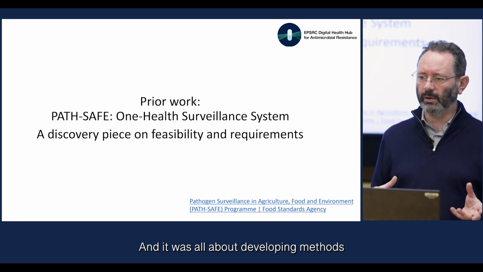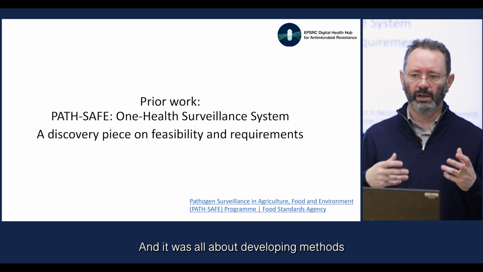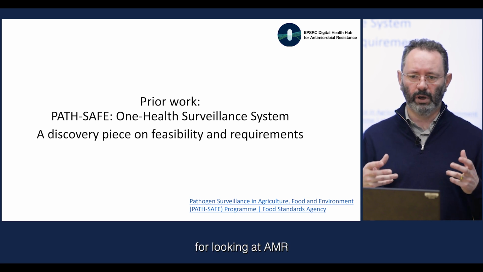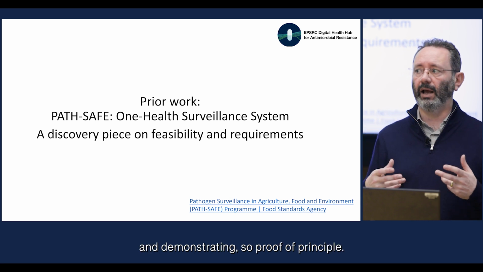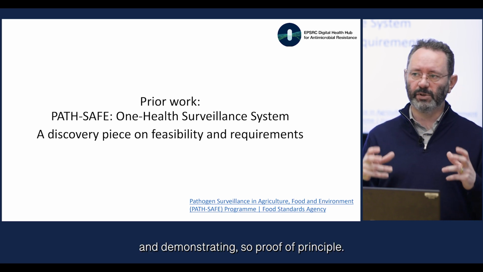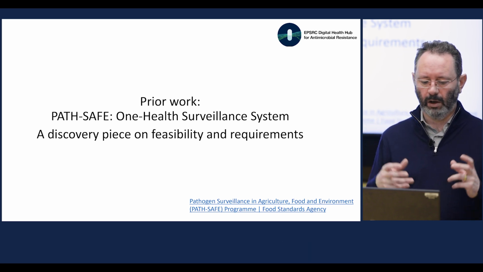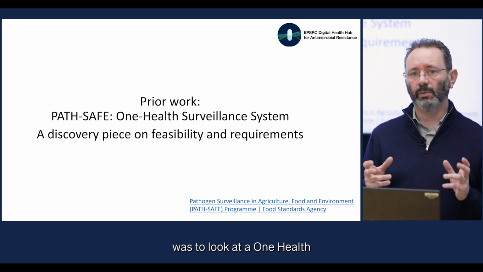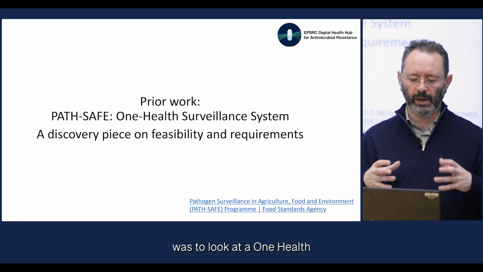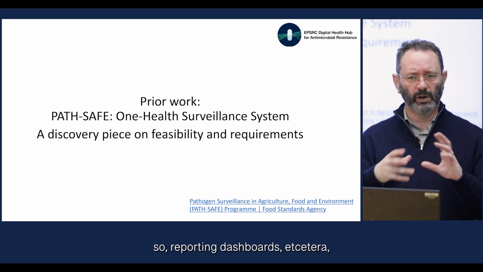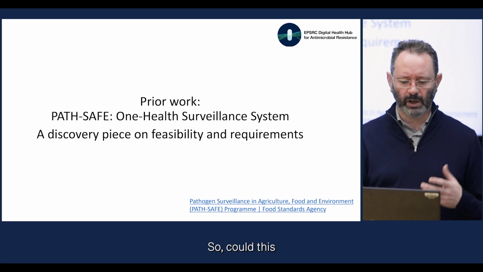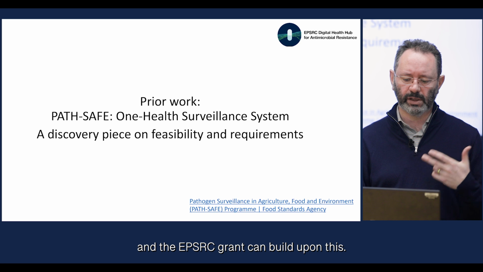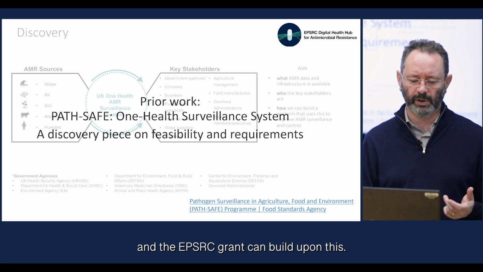It was all about developing methods for looking at AMR in the agri-food chain and demonstrating a sort of proof of principle. One of the parts of that work was to look at a One Health surveillance system, like reporting dashboards, etc., as a discovery piece. So this and the EPSRC grant can build upon this.